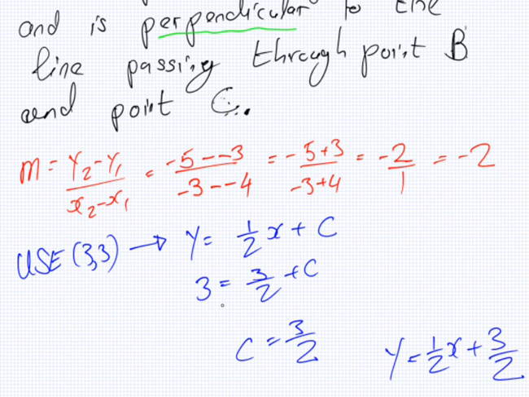C is 9 minus 5 over 7, which is 63 over 7 minus 5 over 7, which is 58 over 7. Yeah, that's great. Okay, so we have our answer. Y equals 5 over 7x plus 58 over 7.